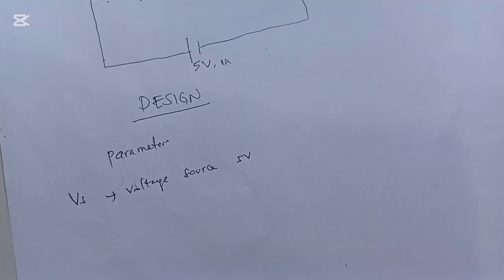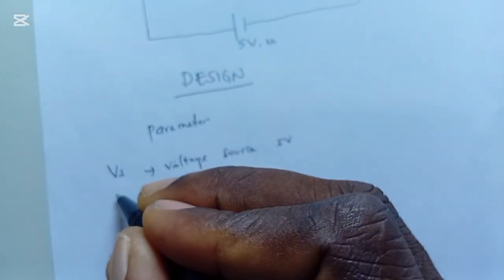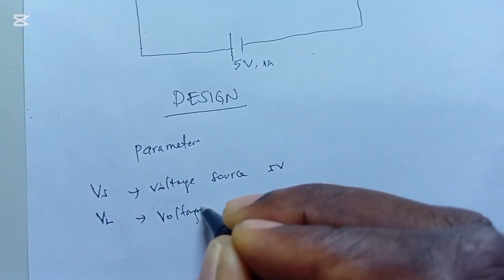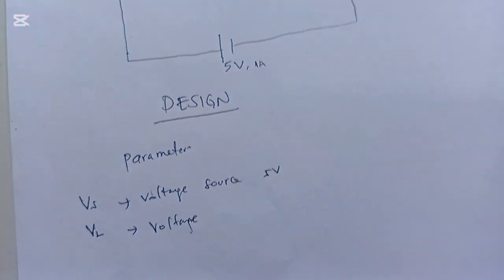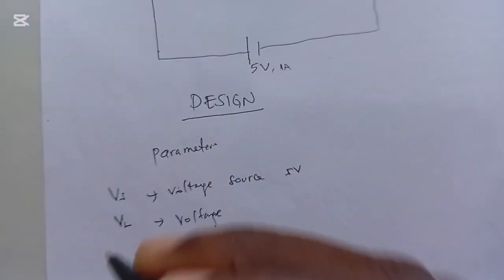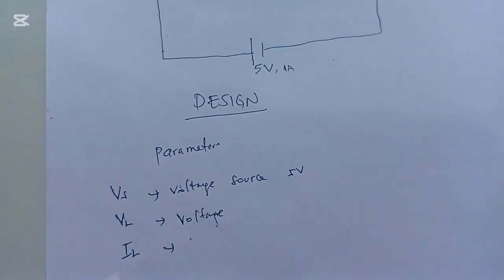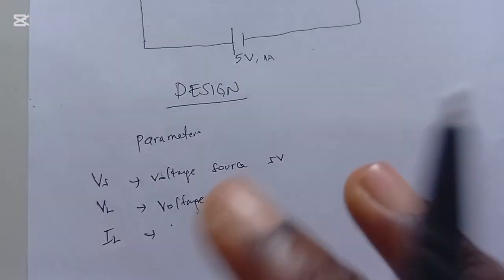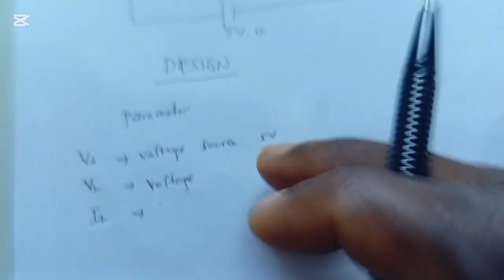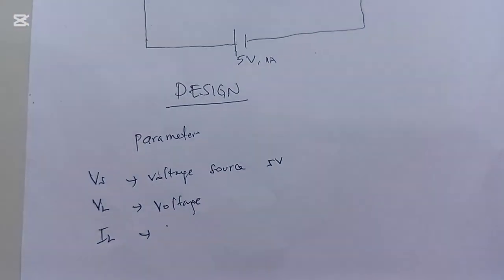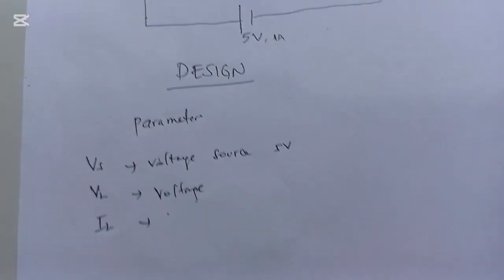You have to know the voltage required by the load, in other words VL, the load voltage. Then the last one, you have to know the load current, IL. So these are the parameters you have to take into consideration when calculating the value of the current limit resistor. This is method 1.